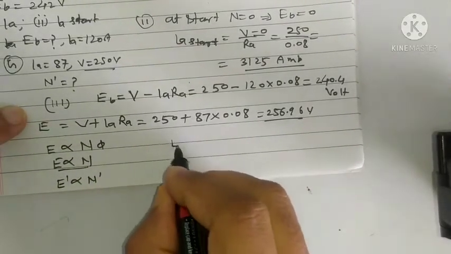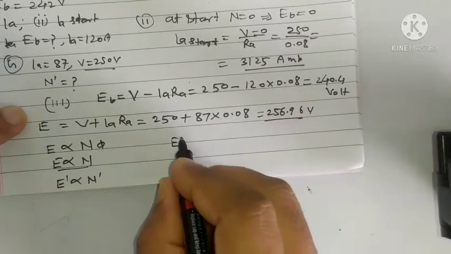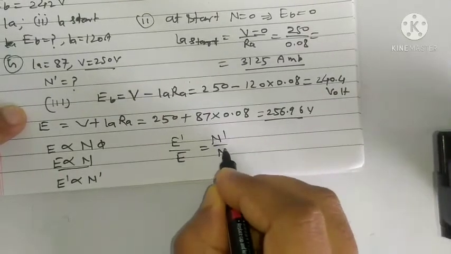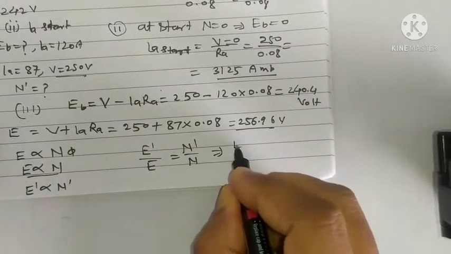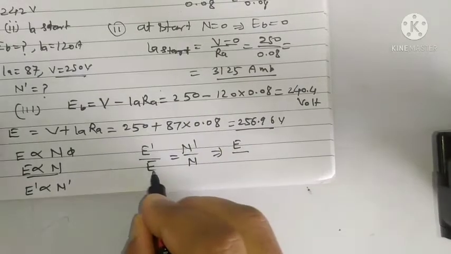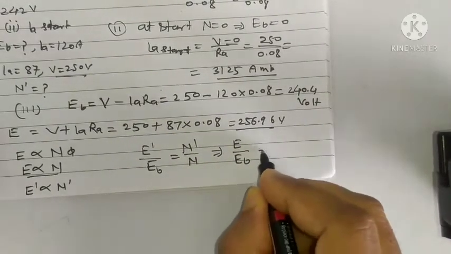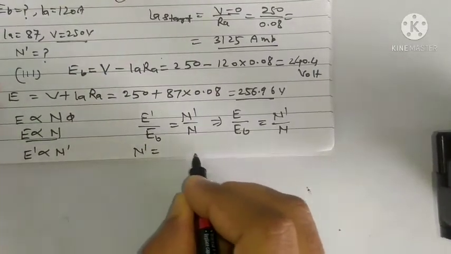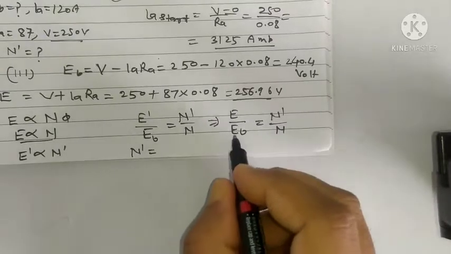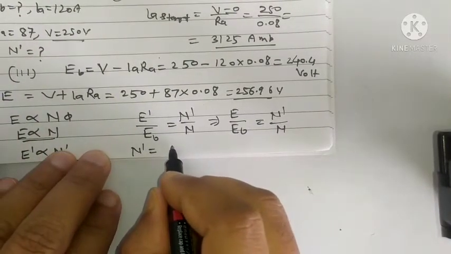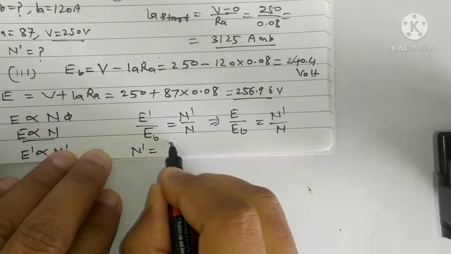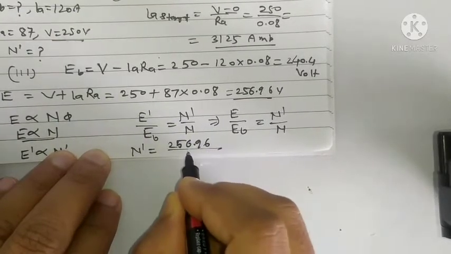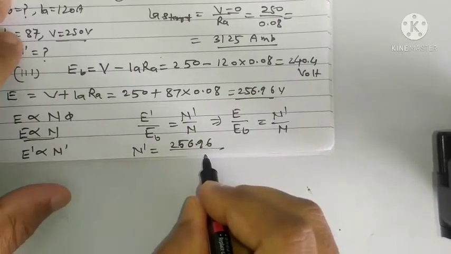So I can write E dash by E equals N dash by N. E dash means generated voltage, E means back EMF EB. Therefore N dash can be calculated. If I put the values, E dash is 256.96 divided by EB, 242.